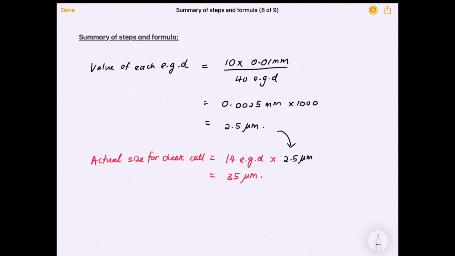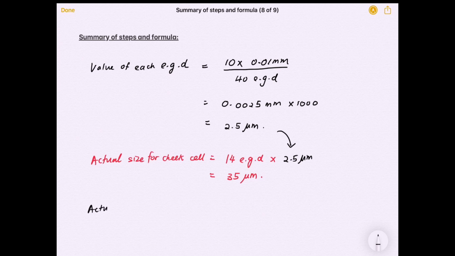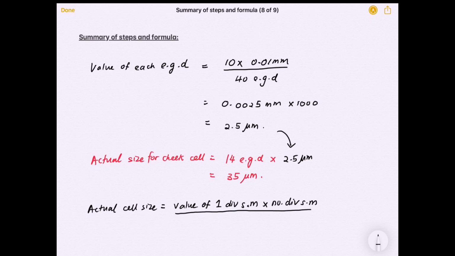If you want a general formula to identify the actual cell size, you need to identify the value of one division on the stage micrometer, times the number of divisions on the stage micrometer that is matching with the eyepiece, divided by the number of divisions of eyepiece graticule that is matching, times the number of divisions occupied by your cell.